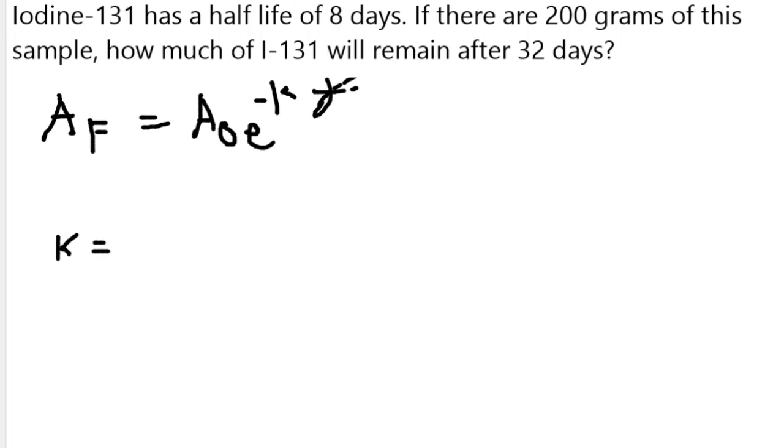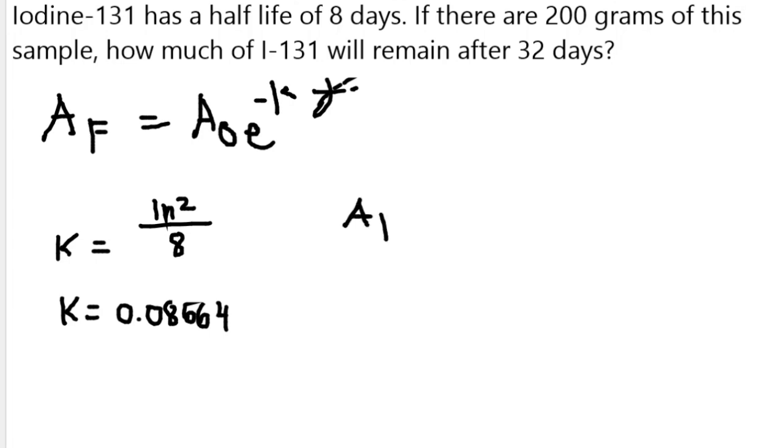So first, let's calculate the rate constant, the rate of the radioactive decay. ln2 divided by 8, that's going to be 0.08664. Now we can plug it into our equation.